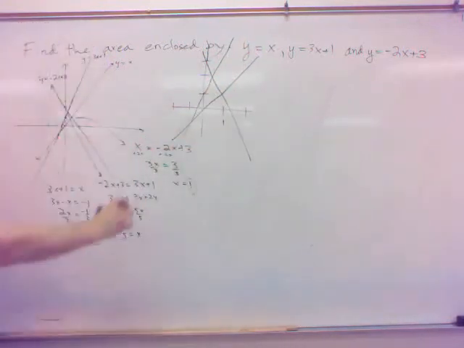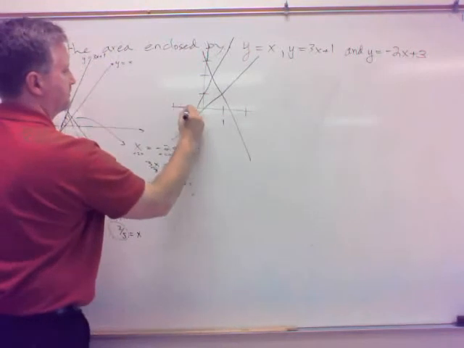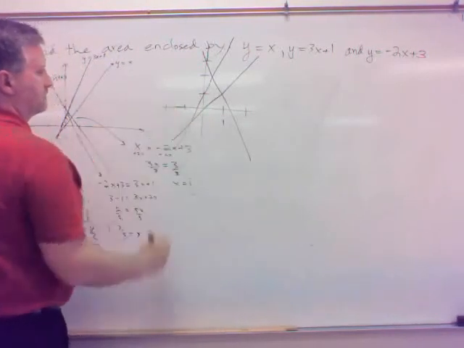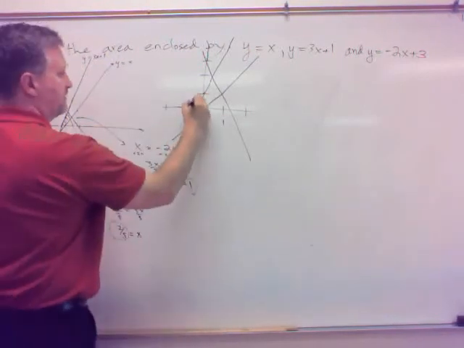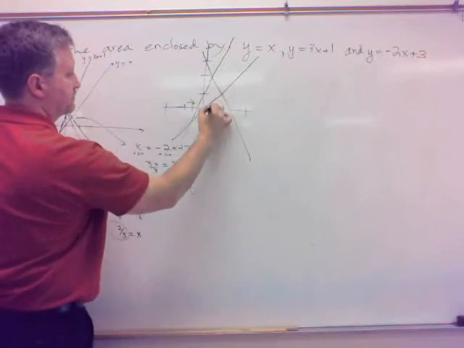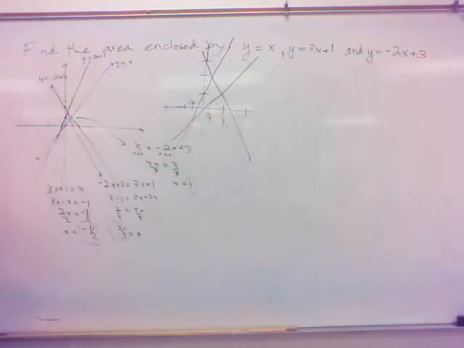Still didn't, oh, that point's just too close. So we got negative a half, positive 1, and then this one is 2/5.